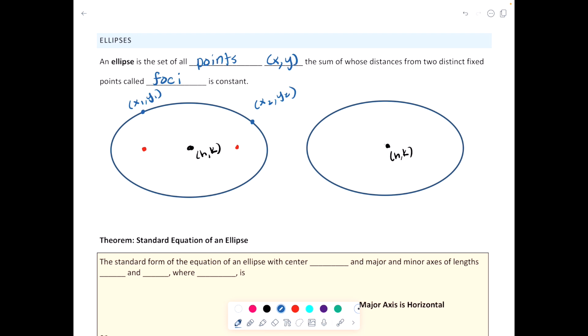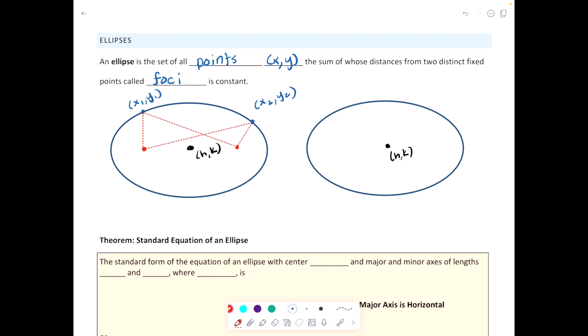And basically what's happening is you've got this distance from x1, y1 to each of the foci, and then from x2, y2, you've got this one and that one.